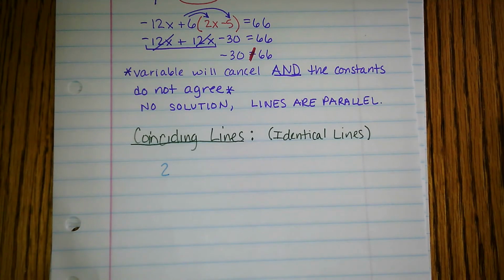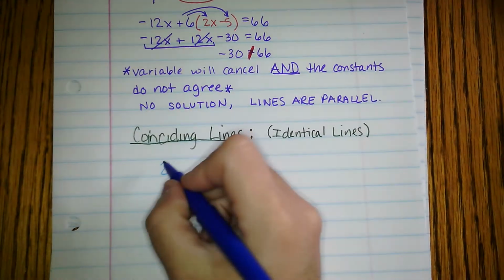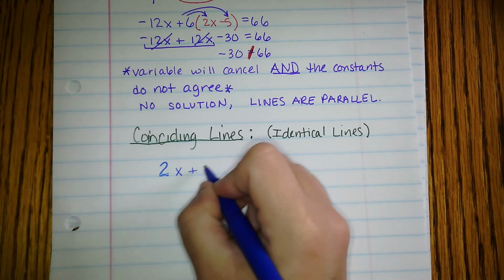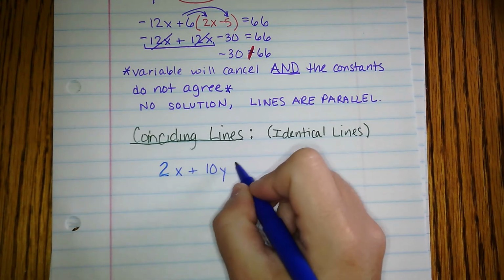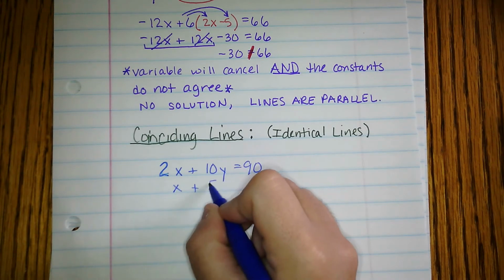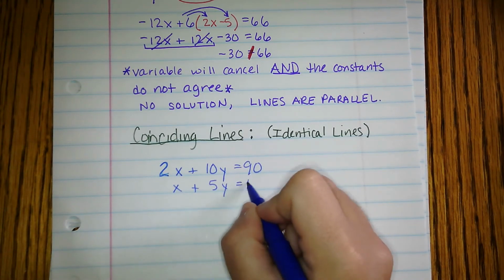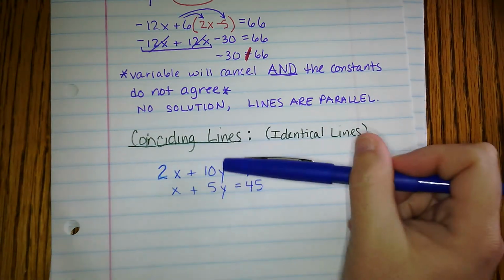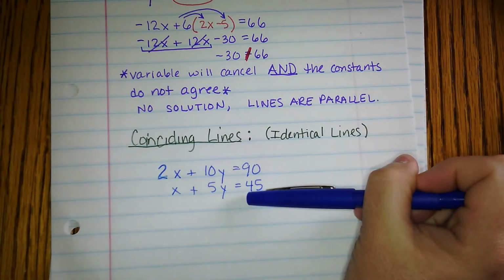I'm going to pick a different color pen here. Let's go darker blue. This is 2x plus 10y equals 90, and x plus 5y equals 45. Now, if it says solve the system using elimination method, we know that elimination is a great method to use because everything is lined up.